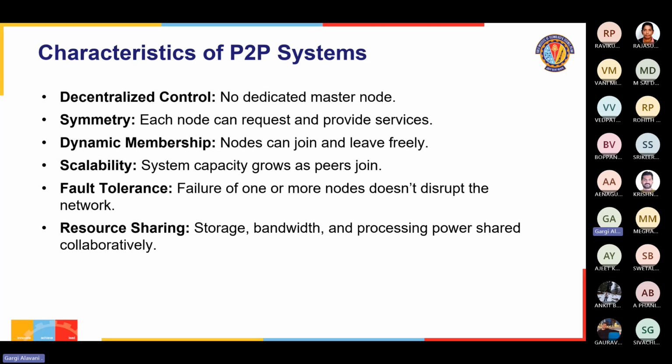Together with all these characteristics, P2P systems are more resilient, adaptive, and scalable, which is why they are used in so many distributed applications. So we'll now see different types of P2P networks and what are the real world examples of these types of P2P systems.